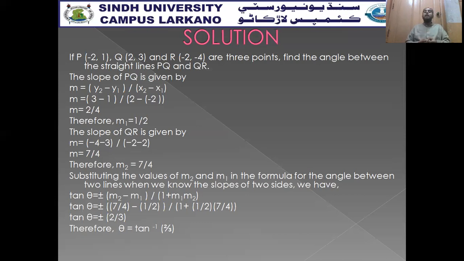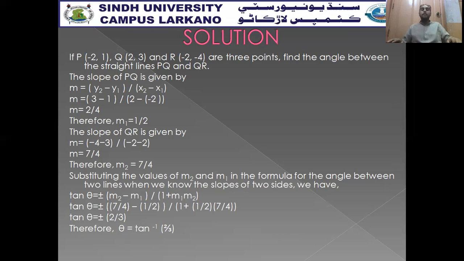What we are going to do is find the slopes of the straight lines. The first point P is minus 2 and 1, Q is 2 and 3, and R is minus 2 and minus 4.